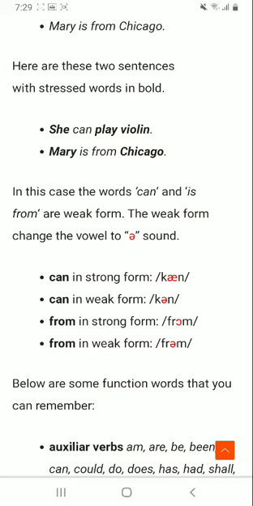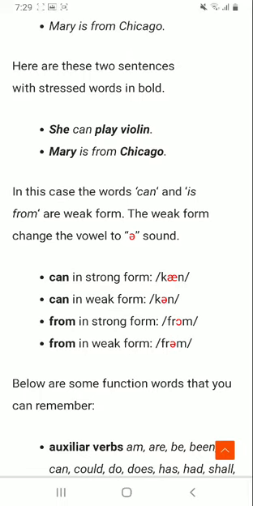The vowel sound E can become down, the down of the sound, that is the weak form. The weak form changes the vowel E sound. So here you can see can comes in two forms.